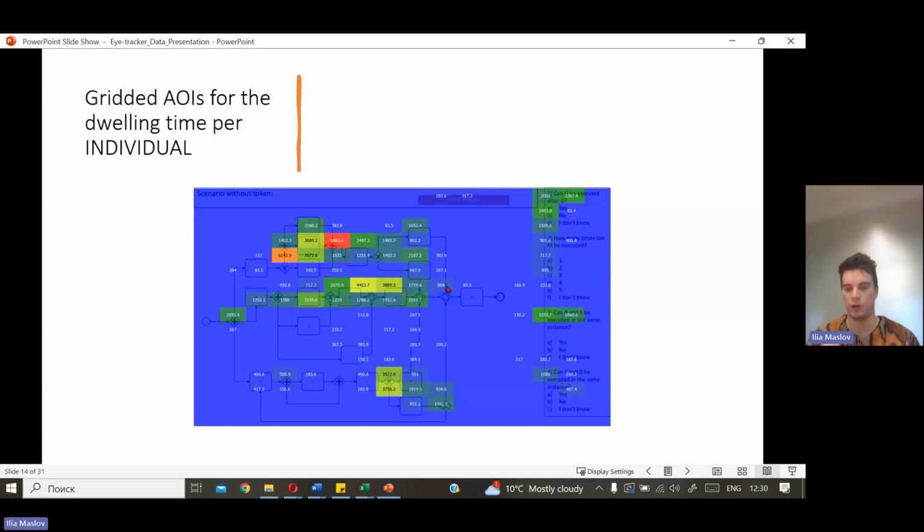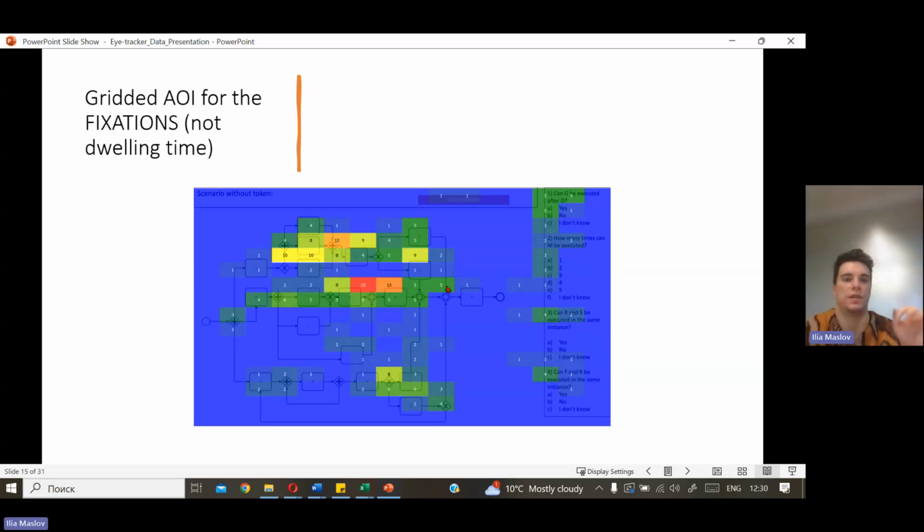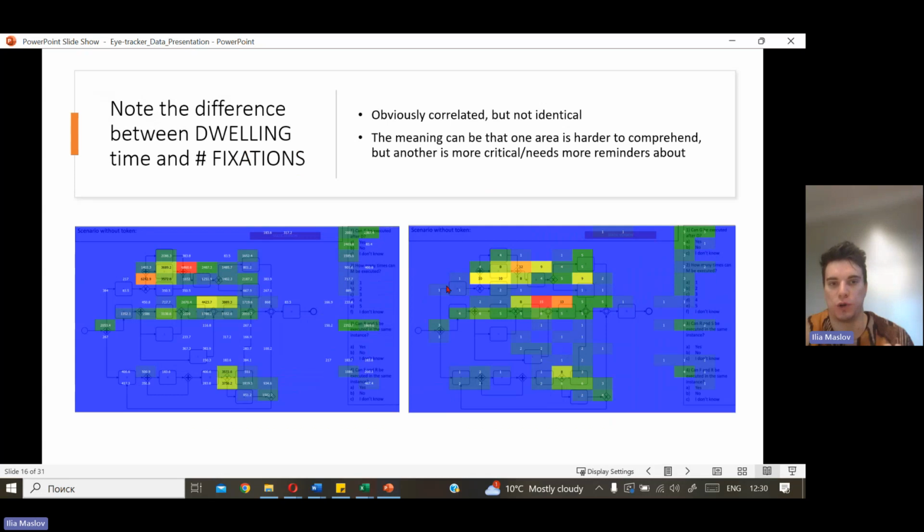So you need to be a little bit smarter on this, and change between the different levels of analysis. And in this one, you can also use other data. Here, it's the number of fixations. The important thing I want to point out is that fixations and dwelling time are correlated, but they are not the same. So they can also give you different pictures.